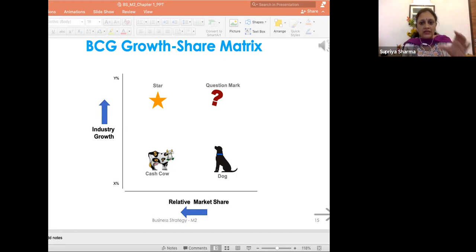SBUs located in this particular quadrant are highly competitive in the industry. It's a robust industry, and the products that lie in this quadrant are very attractive. They have a future. I will keep putting in money here and I will keep reaping benefits because it's fast growing. I gave you the example of Rajdhani.